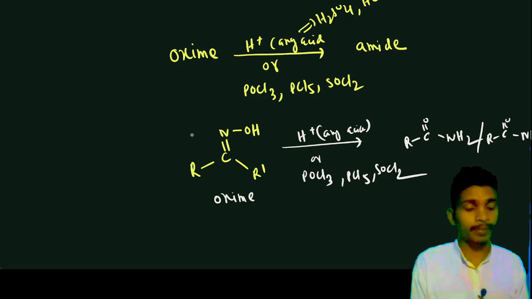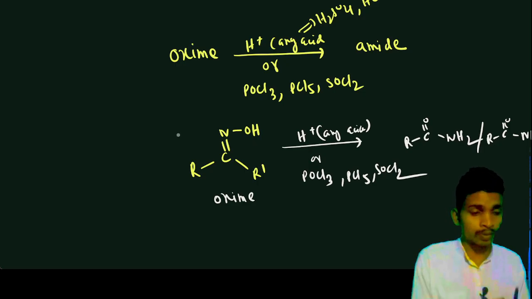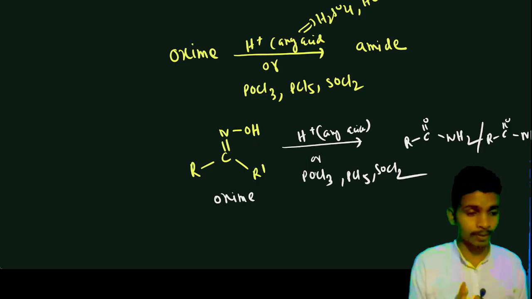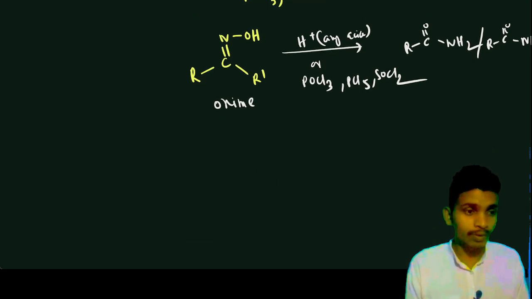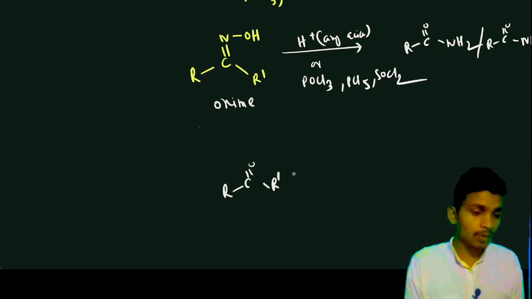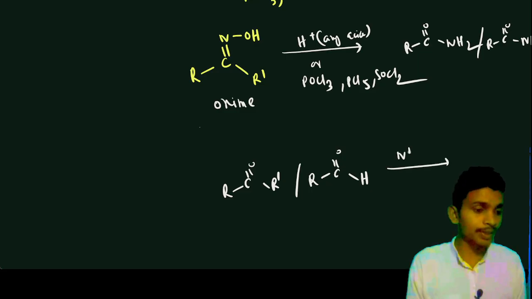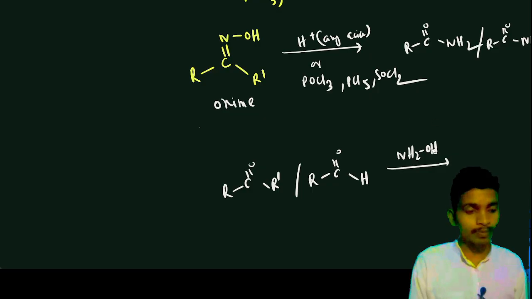How this will happen, I am going to explain. We will look at the mechanism in detail. Sometimes instead of giving oximes, they want you to make this oxime. So how will you make this oxime? They will give any ketone group or any aldehyde group, and they will give NH2OH.